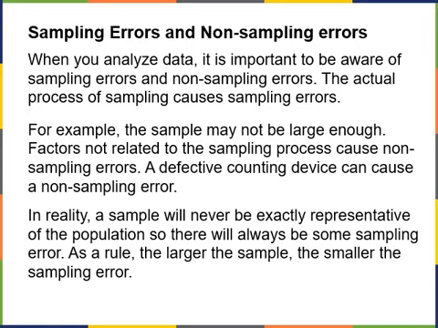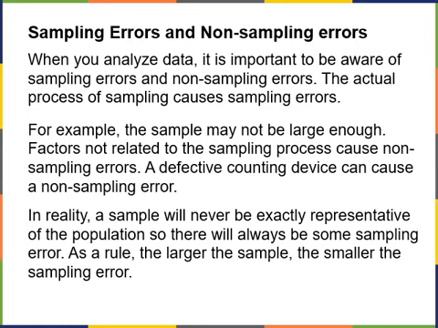If I send out a survey to 1,000 people and I get 200 of them back, that's much more likely to be correct information than if I only get 20 back. So we have to be careful about sampling errors. The more samples you have, the smaller the sampling error. If 200 people respond, I'm much more likely to have good data than if I only have 20. We just need to be aware of that.